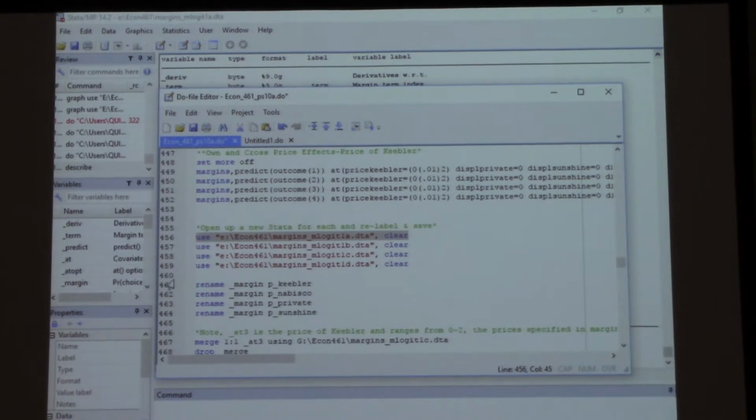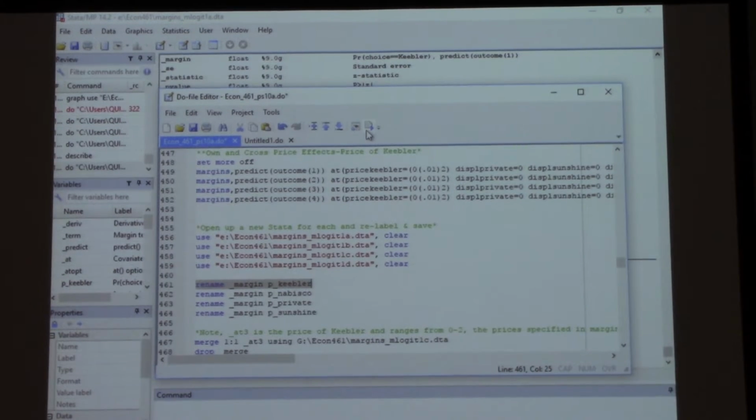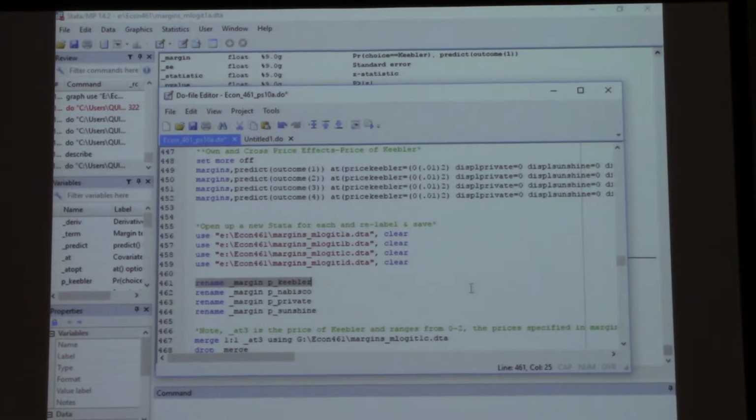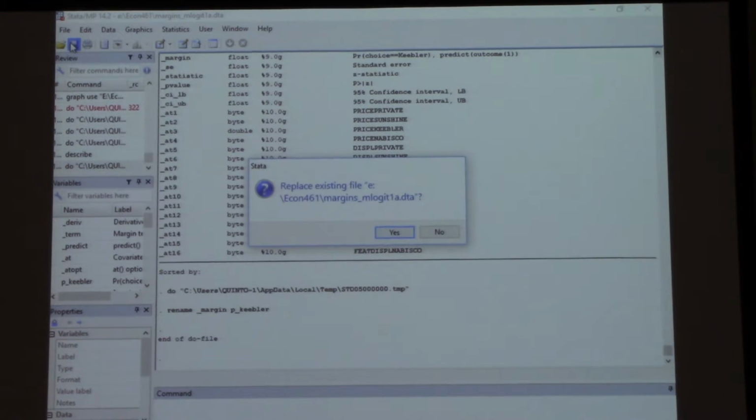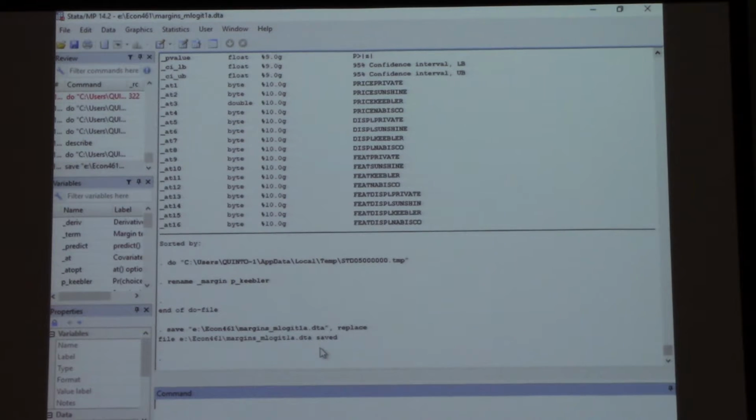What I want to do is rename my margins P Keebler, and I need to save it. I don't have that saved. Nope. So I got to do that here. Boom. All right, so I just saved it.